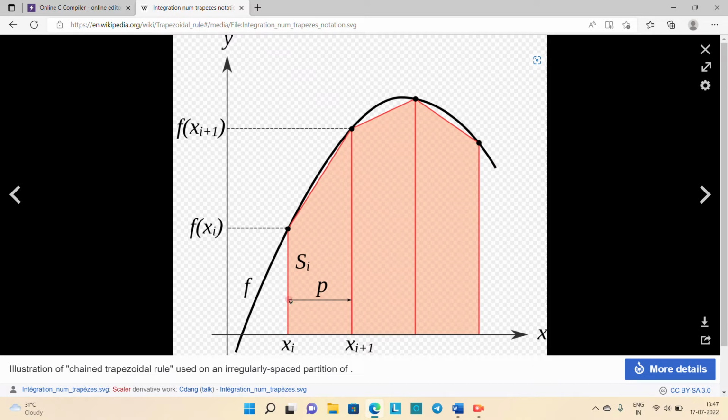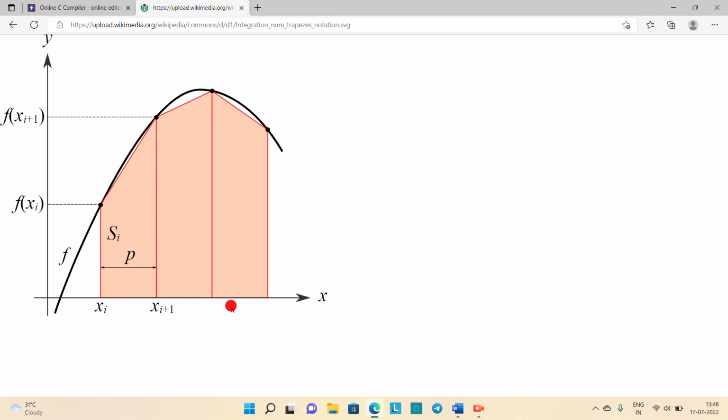If this is p, or in our notation h, this is 2p. So what will be the x2 value? We have taken x0, this is x2. So x2 equals x0 plus 2 into p, or 2 into h in our notation.